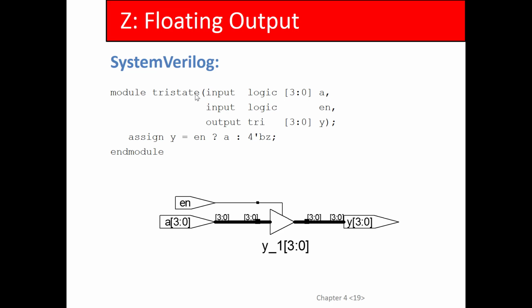Otherwise, it's going to get assigned to Z. This notation is strange: 4'bZ. 4 bits of Z. 4 Z's. Meaning that I want to physically disconnect Y from this when enable is 0.